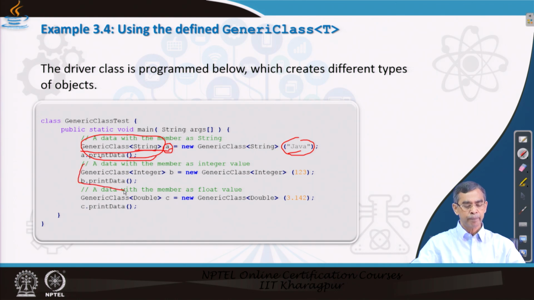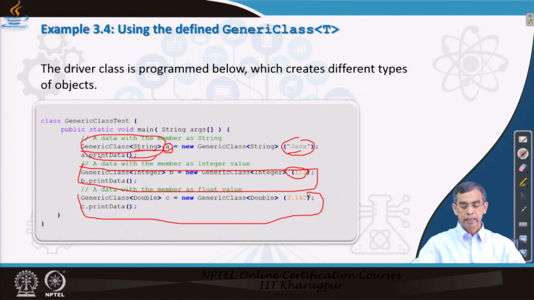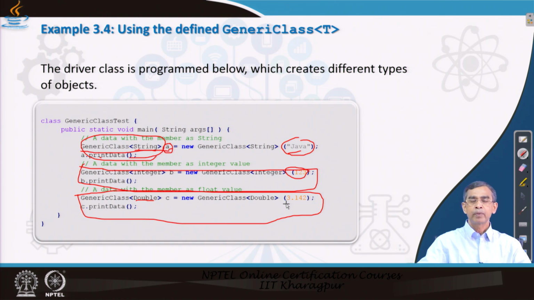Now, the next one in this example does the same thing, but for numeric values. In the third one, again we create an object of the generic class, but for floating point values. So, what we can see is that we declare one class as a generic, and whenever we create objects of that class, any operation in it can be called for that type.